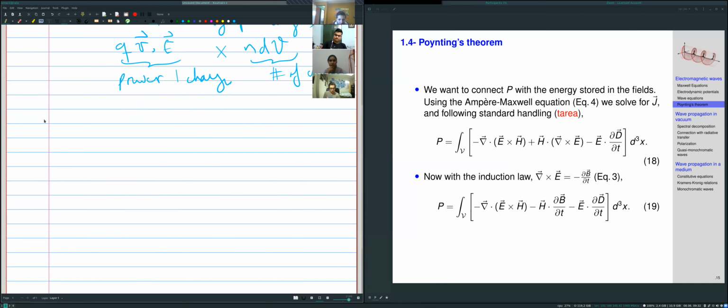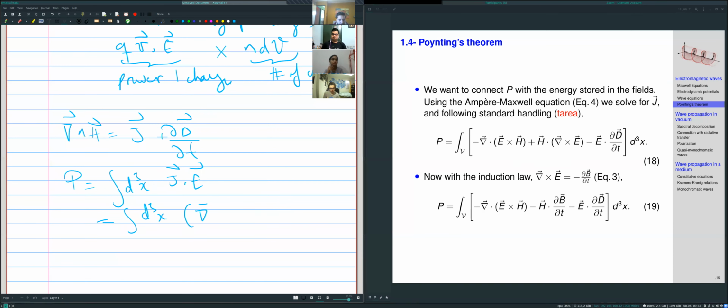So that was the Maxwell equation, and we had, on the other hand, this other identity, and this is what I mean, it can be rewritten in this other way.